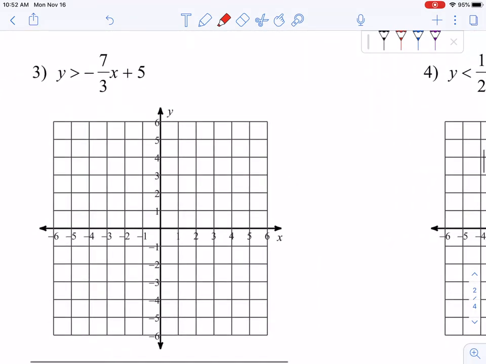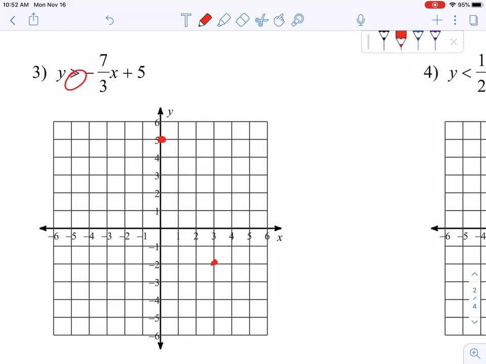Okay, this one's telling us we're going to start at positive 5, that's our B, and then we're counting down 7, 1, 2, 3, 4, 5, 6, 7, right 1, 2, 3. There's my point there. I guess I made a solid line, which I didn't want to do because this is supposed to be a dashed line.